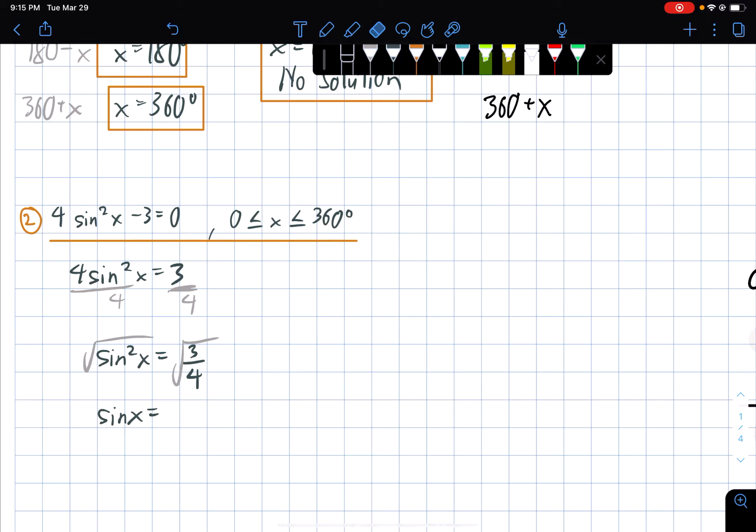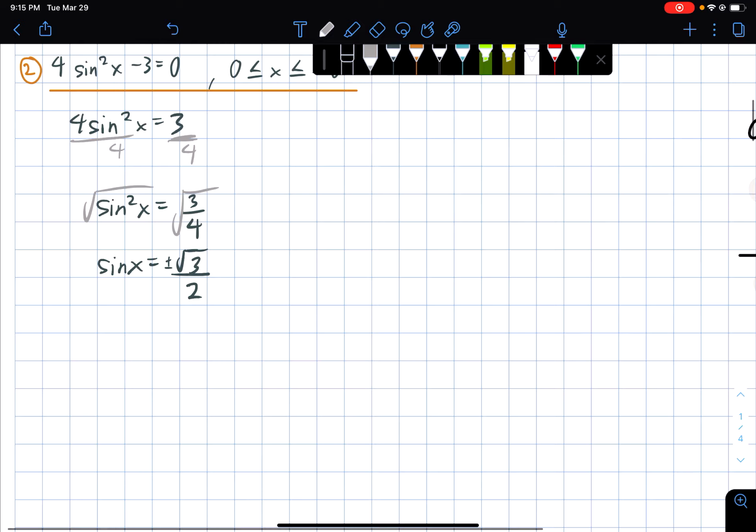So long story short, we have to simplify this term. We end up with something like this, and don't forget to place a plus-minus sign. Now, given that we have a plus-minus sign, we can make two equations from it.